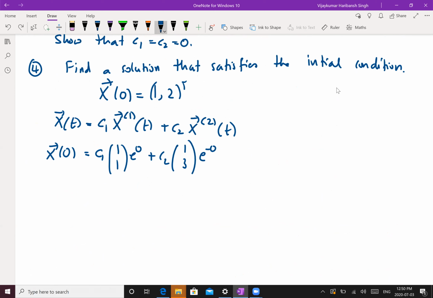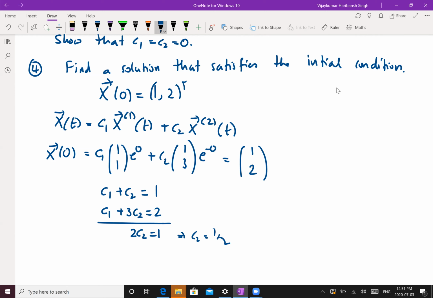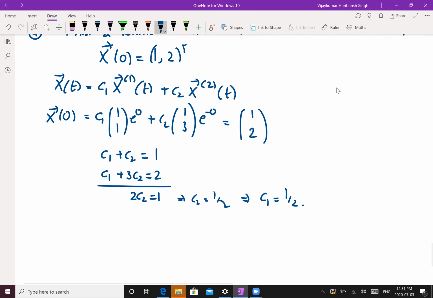This gives c1 plus c2 equals 1, c1 plus 3 c2 equals 2. Subtract them and you get 2c2 equals 1, so c2 is half. This implies c1 is half.